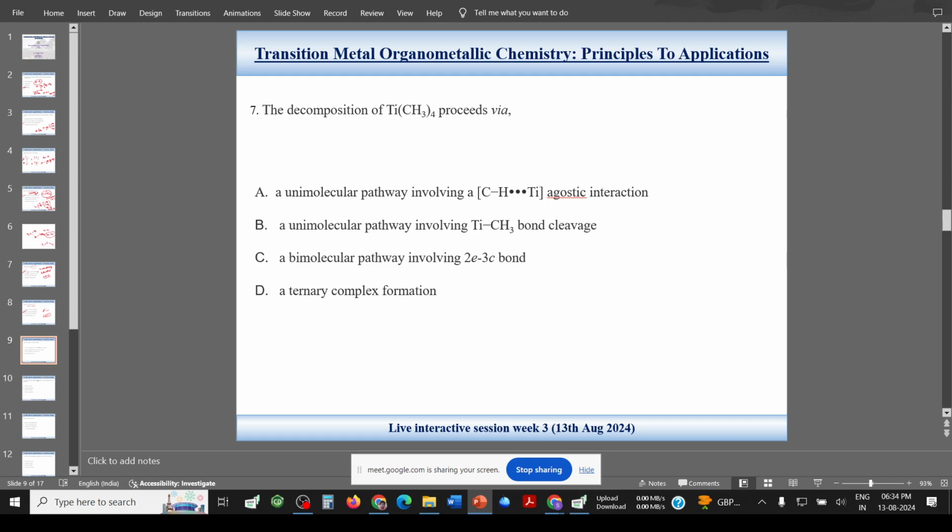Here it is written something wrong. The 3 center 2 electron bond is titanium, carbon, titanium, with 2 electron bonding. So option C will be correct.